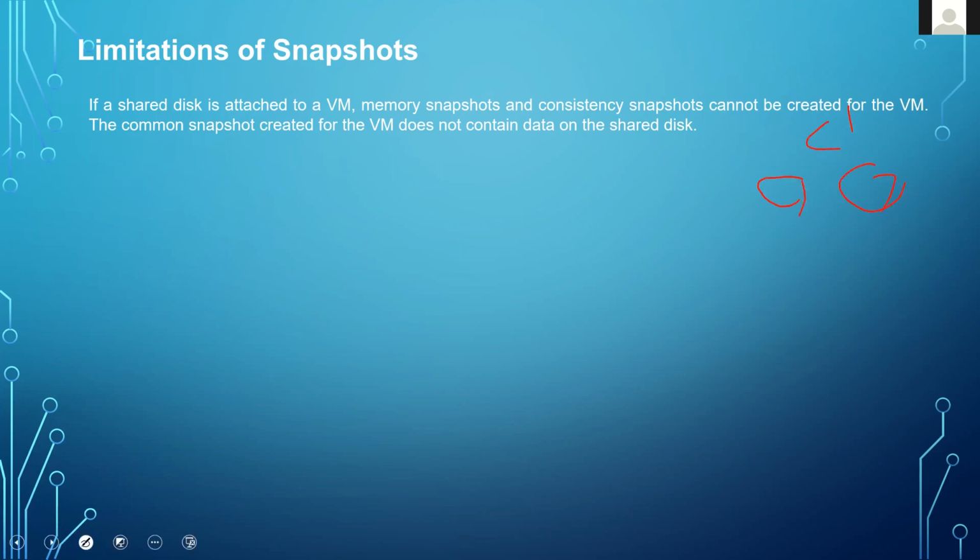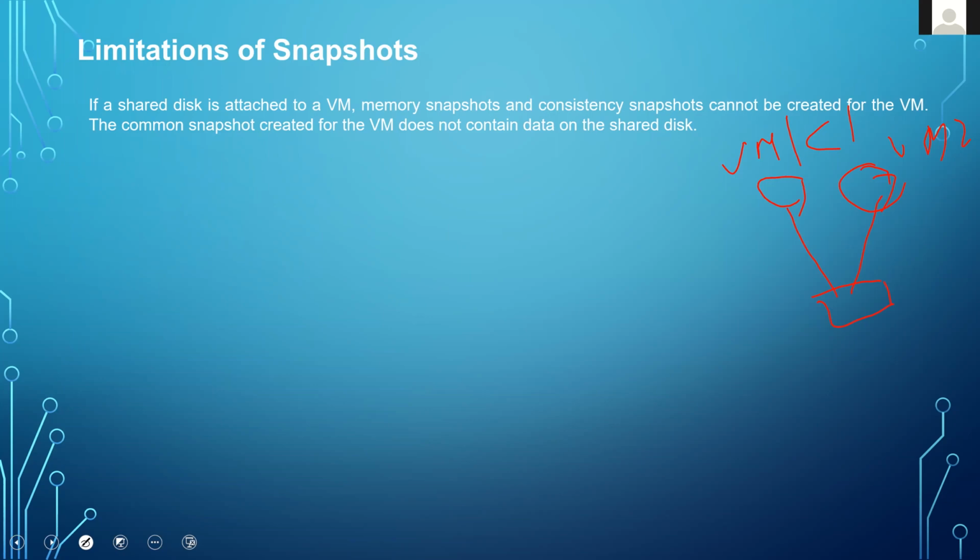For example, this is a cluster environment, VM1 and VM2. So sometimes there is an SAP environment, or maybe some other environment, where they want to cluster two machines. In this case, you need a shared disk. You have to create a shared virtual disk, so both VMs can access it simultaneously.